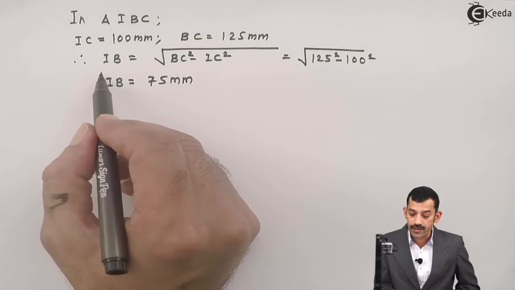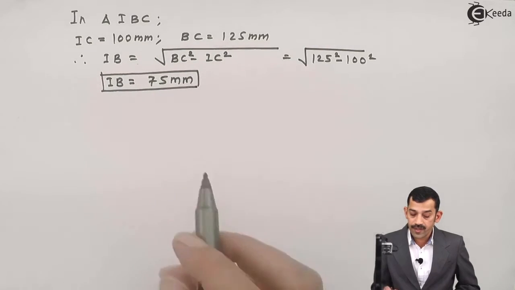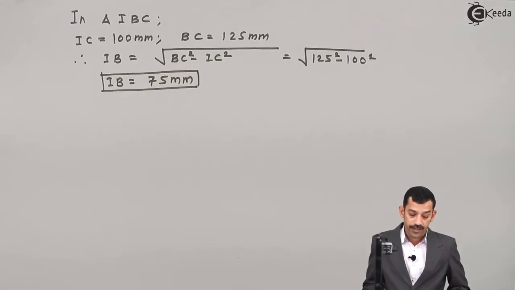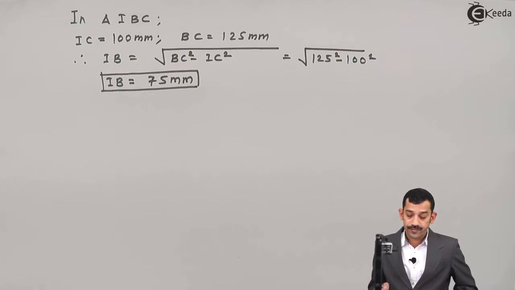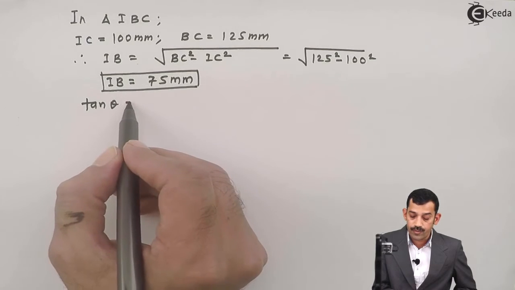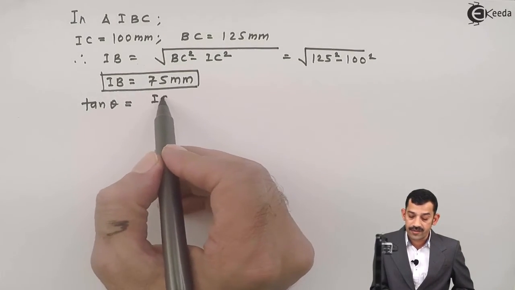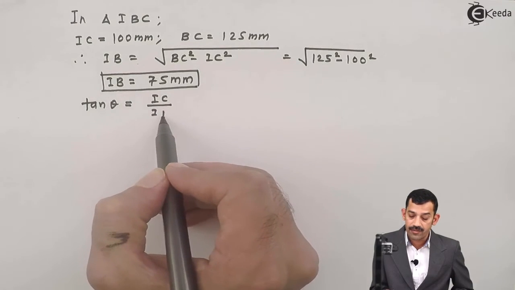Once you get length IB, we find the inclination of the inclined bar CD with horizontal, that angle theta. Using tan of angle theta, which is opposite upon adjacent, opposite is IC, adjacent is IB.